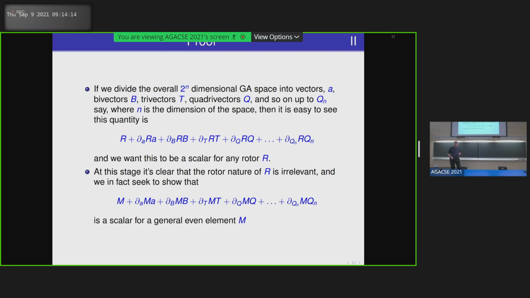We've got R from the scalar bit, dA, RA from the vector bit, etc. We are taking derivatives which sandwich the thing in the middle in this way. We're just summing over all the possibilities that we could have. And at this stage, it's clear that the rotor nature of R is irrelevant, and we're in fact seeking to show that M plus dA M A, etc. is a scalar for any general even element M.